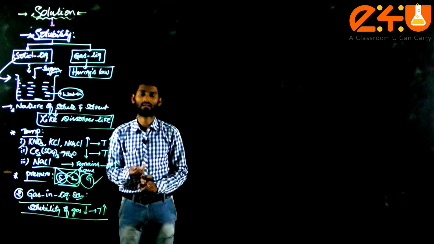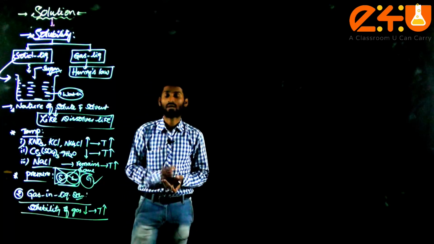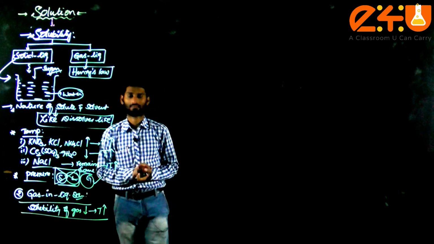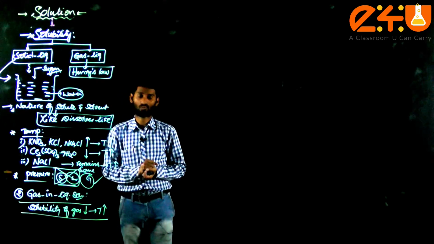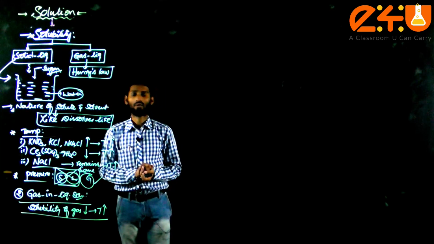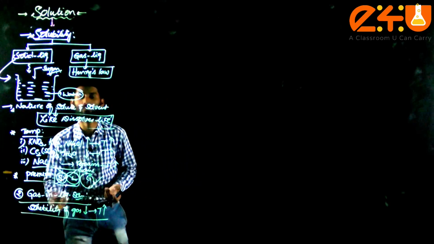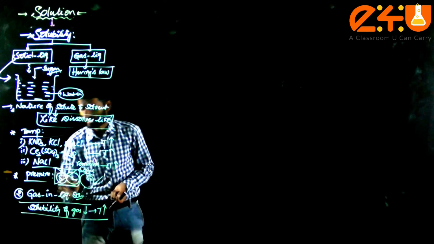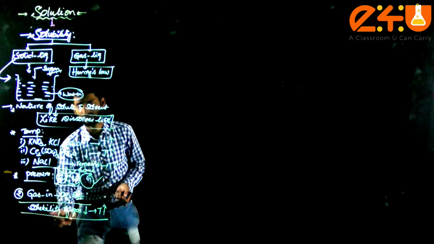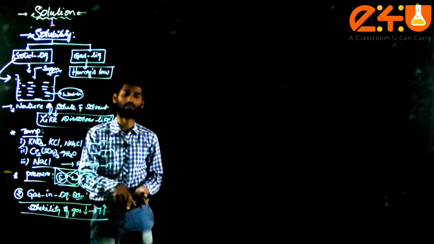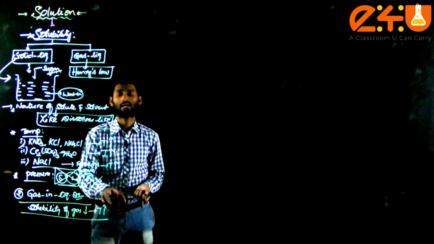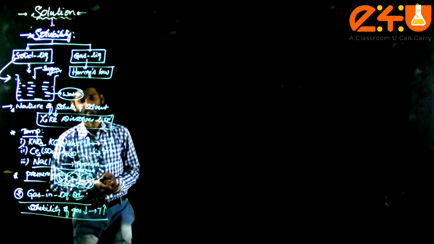Ammonia and HCl are more soluble in water when compared to organic solvents, because ammonia can form ions and HCl can also form ions. Because of that, gases which form ions are more soluble in water when compared to organic solvents.